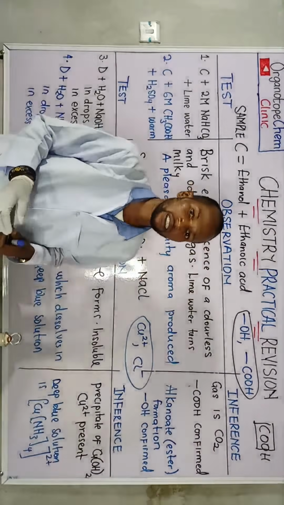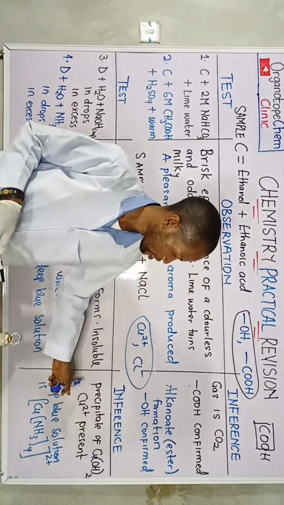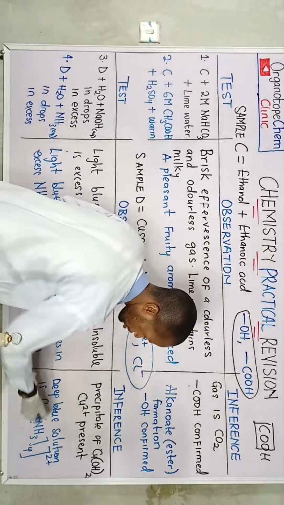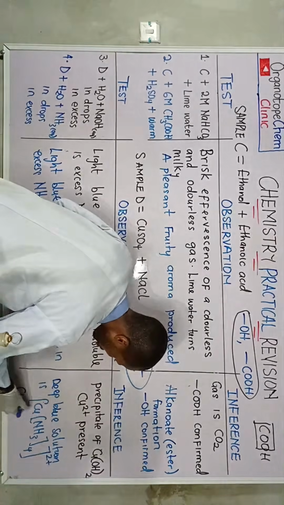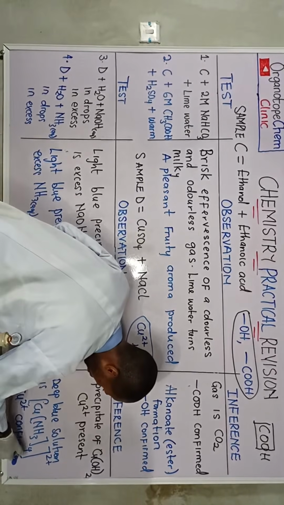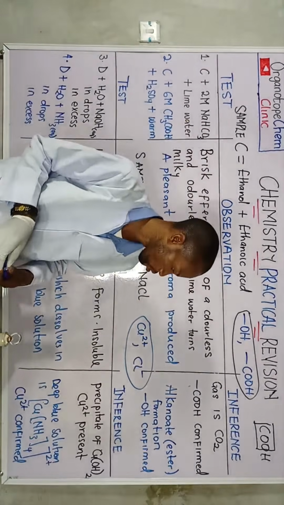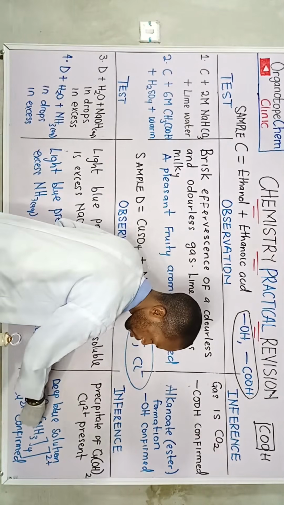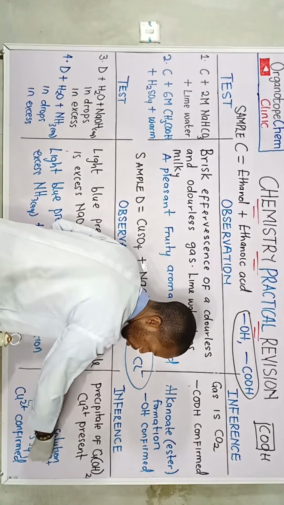So you have to indicate the precipitate, the compound that formed the precipitate, then before you write your confirmation there. So right here, this is confirmatory test for the Cu2 plus. So I'm going to have Cu2 plus confirmed. Okay, the ammonia is used to confirm the Cu2 plus there. Copper 2 plus confirmed. So we are going to have deep blue solution of what? Of Cu(NH3)4, then in complex form, it is a complex ion 2 plus.